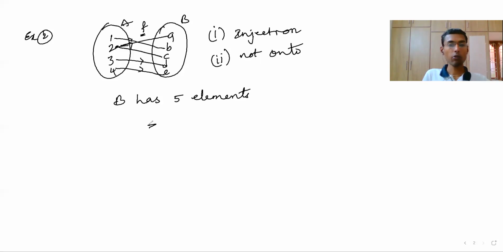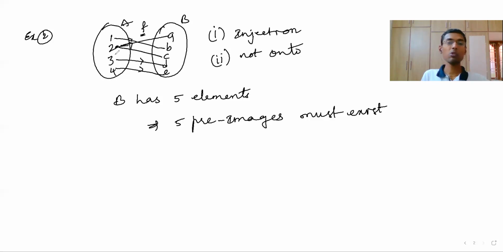That means 5 preimages must exist, but here only 4 elements are there. So 2 elements must have the same preimage, and then that is not a function.